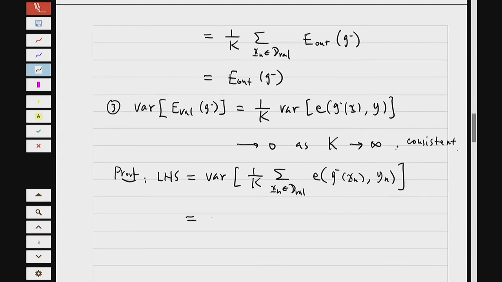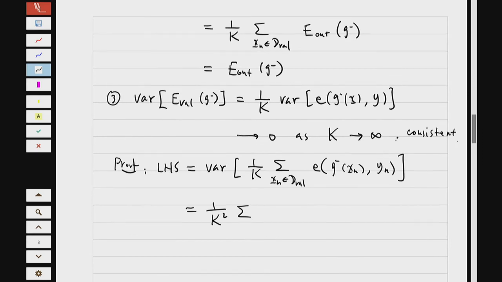It's the variance of this average, so we can take 1 over k out, and we have to square that. And then, because of the independence inside, the variance of the sum equals the sum of the variances. Without that independence, you will not have that. You will not have this next step as well.